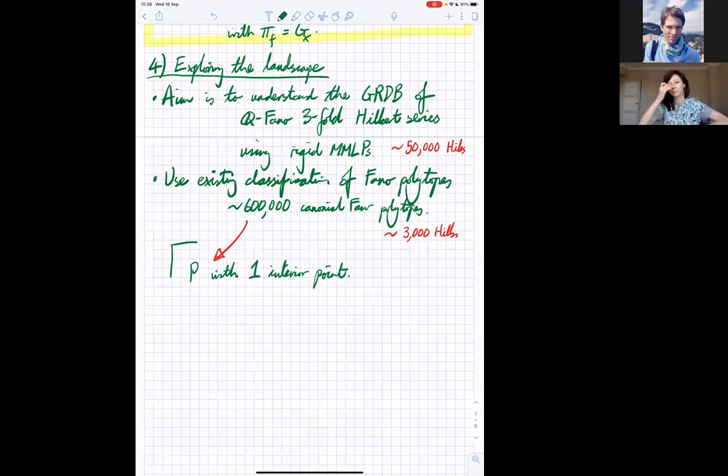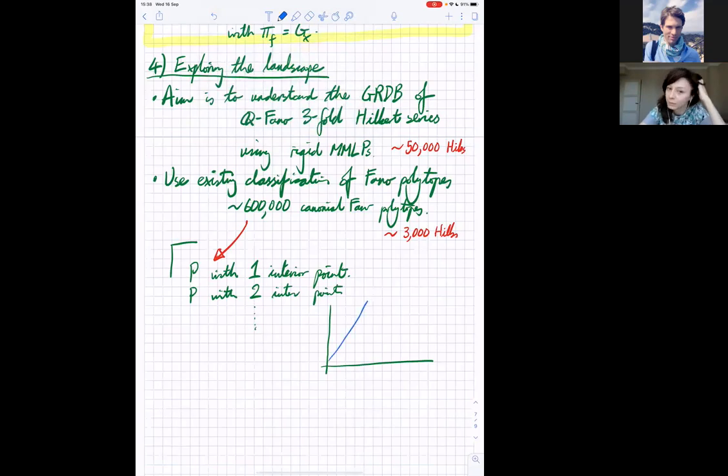But we can also classify P with two interior points, and so on. Now, what you can do is plot a little graph of the data that's in the GRDB. For the sake of argument, it looks something like this.